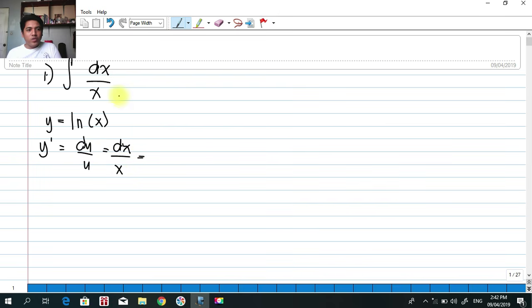So what we do is take the derivative of x, which is 1 over x dx; this is the original function. Likewise, if we have y equals the natural logarithm of x plus 1, and we wish to get y prime, the derivative of x plus 1 is 1 over x plus 1.